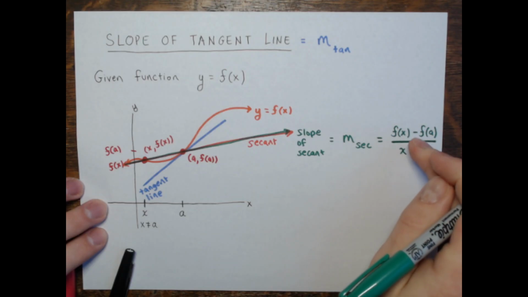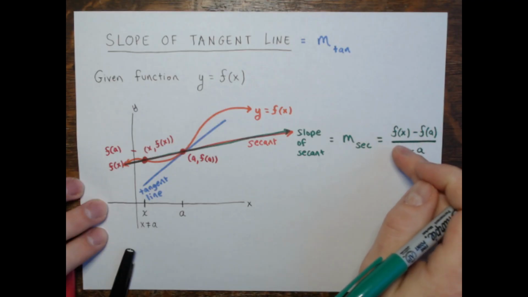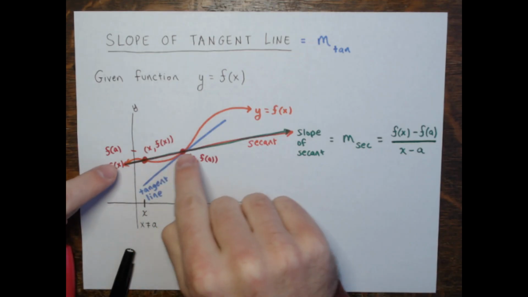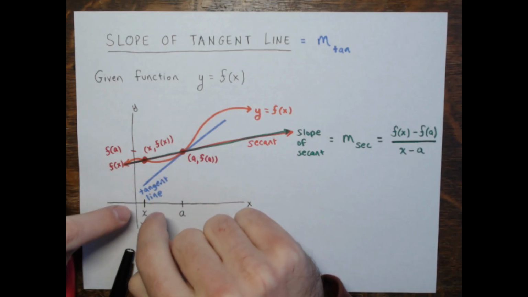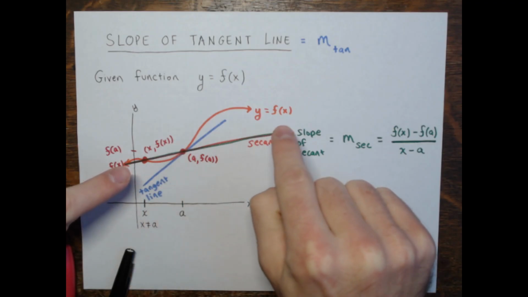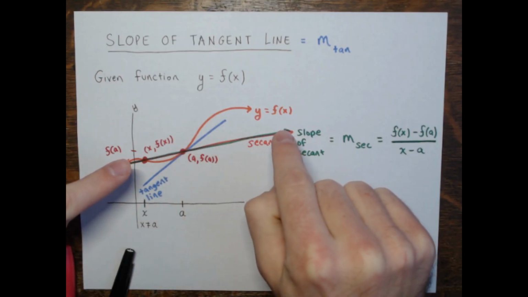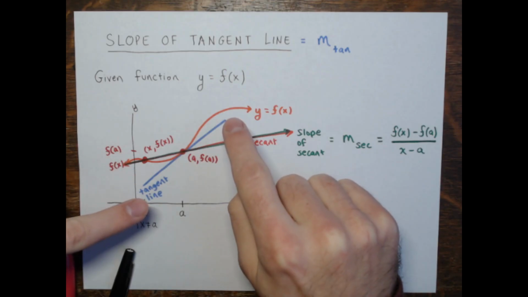And you could do the other order, f of a minus f of x, but then you have to divide by a minus x if you do the other order. So same thing. Now, hopefully you can see, this secant line should be an approximation, should be close to the tangent line.